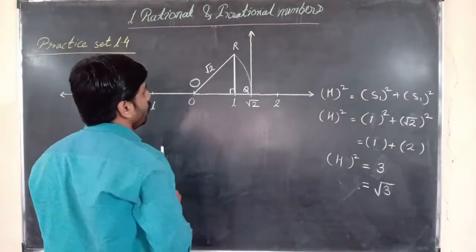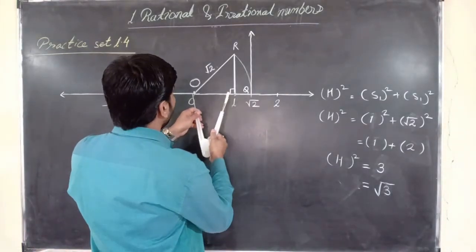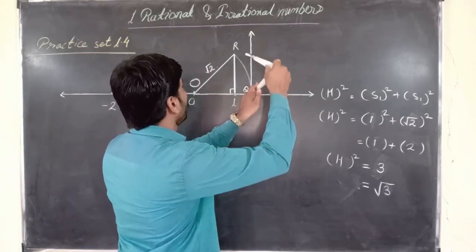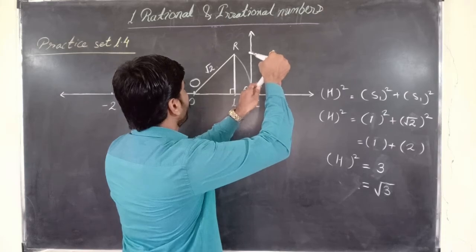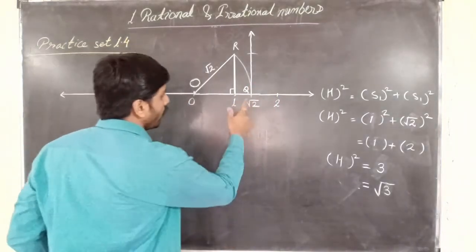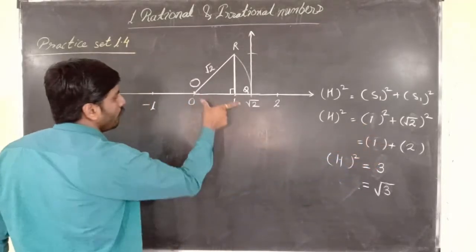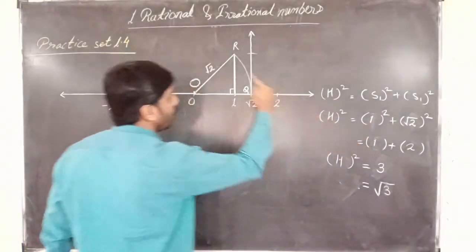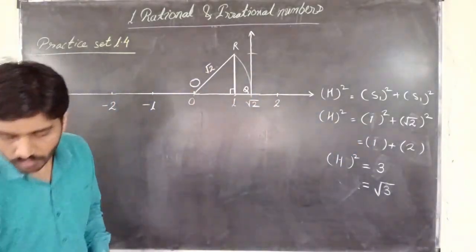And here we will mark a length of 1 unit. So here we have one side having length root 2 and one side having length 1 unit.